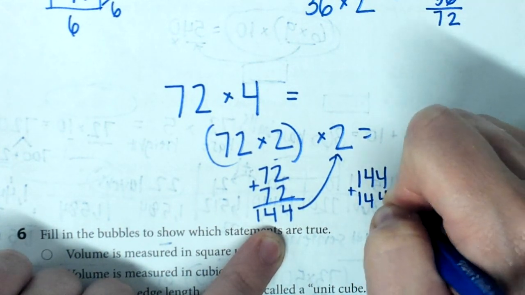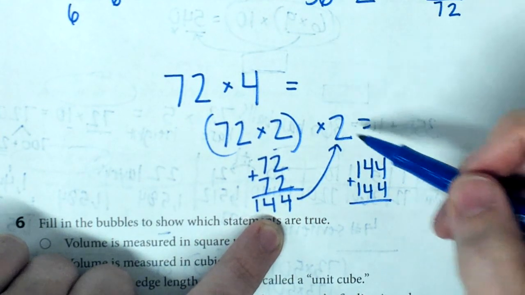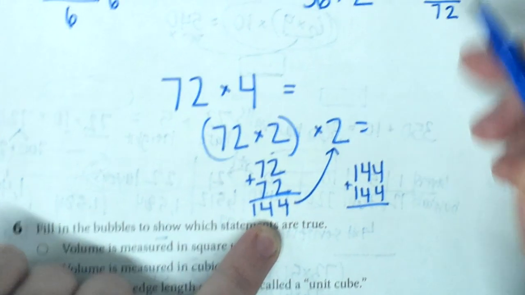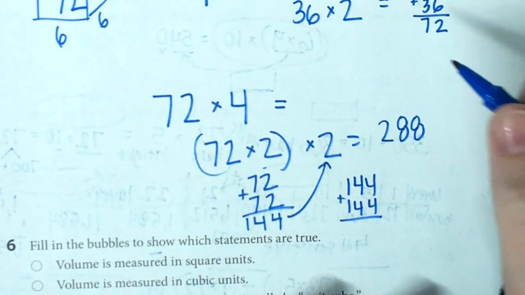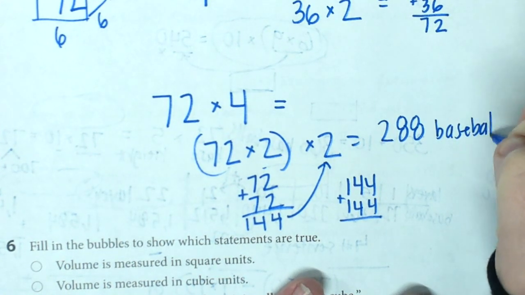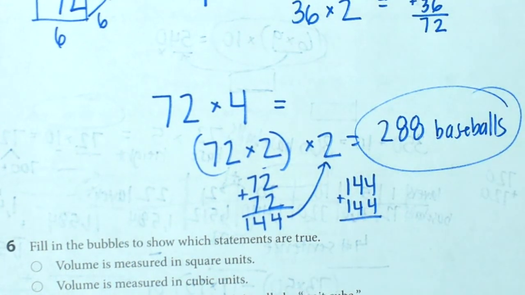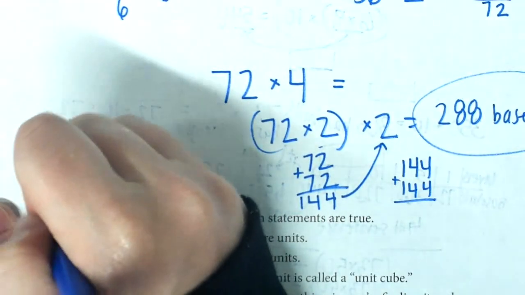That's the same as 144 plus 144. And what do I get when I add all of these up? 288. And how would I label it? Baseballs. Last step, circle it. Okay, your next code is to buy number 6. Put a smiley face.